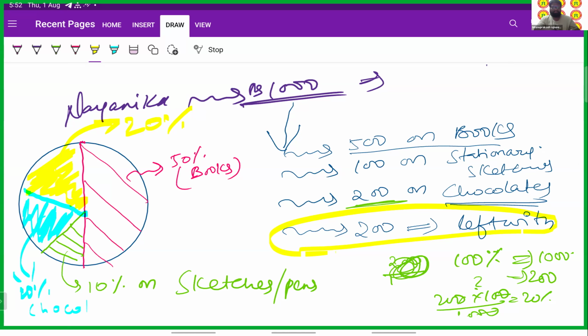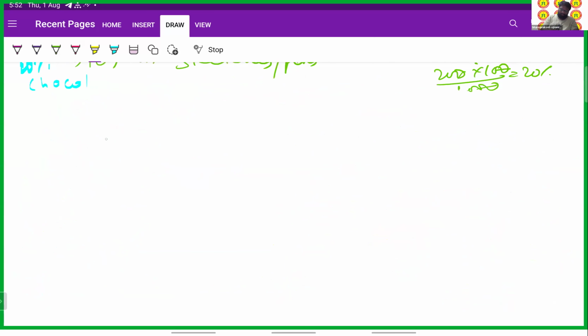Next, the pictograph. I think this is very easy for you, as in most cases pictographs are very easy.